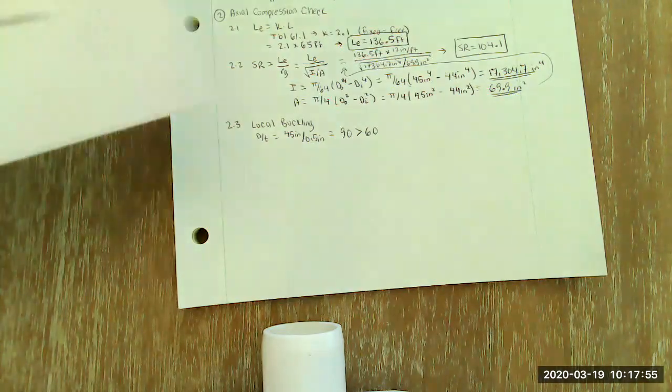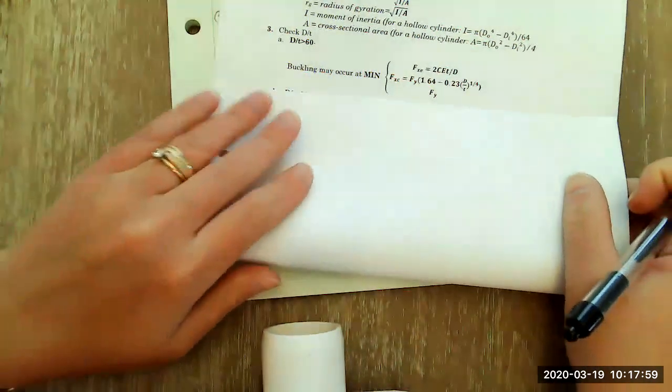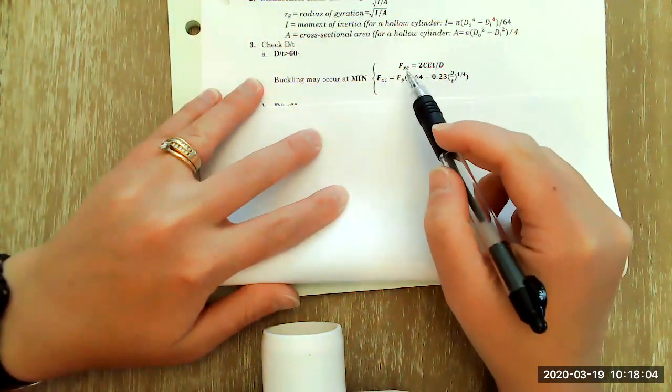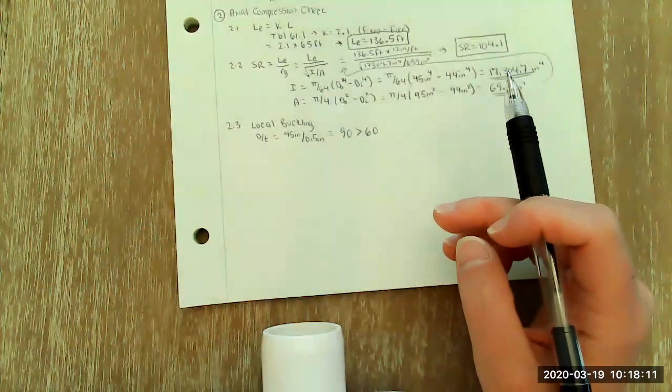And so I have this criteria with D over T greater than 60, where buckling might occur at the minimum of any of these three conditions: my elastic local buckling, inelastic local buckling, or my yield strength. So let's go ahead and calculate that.